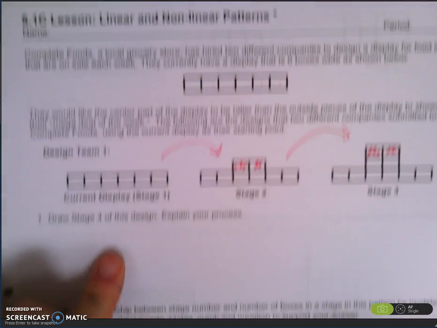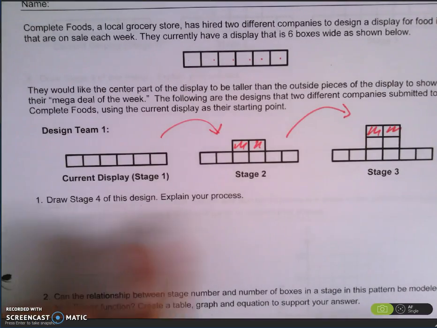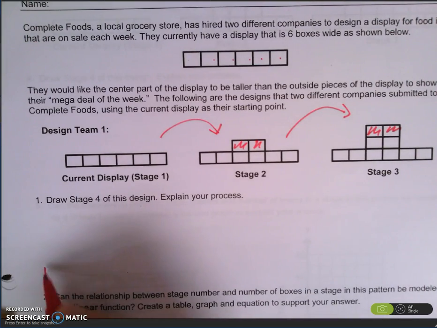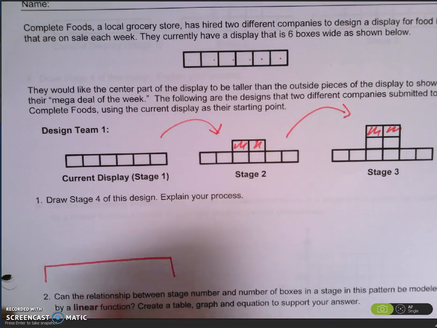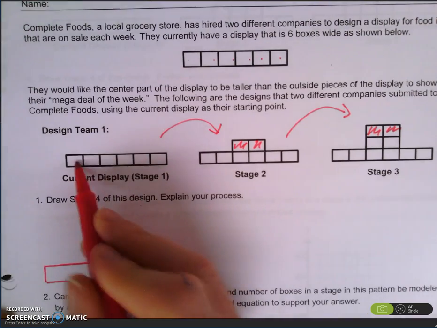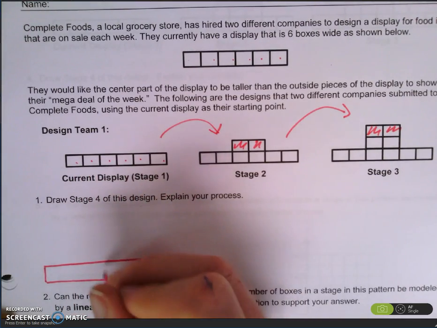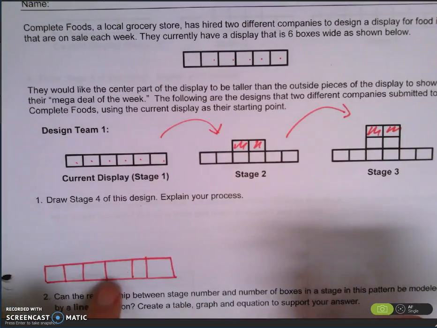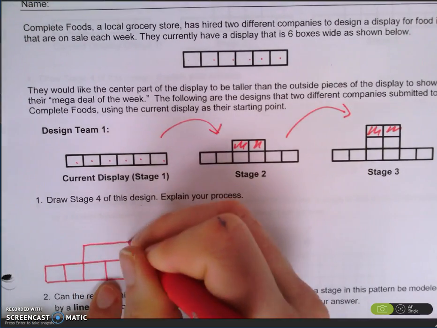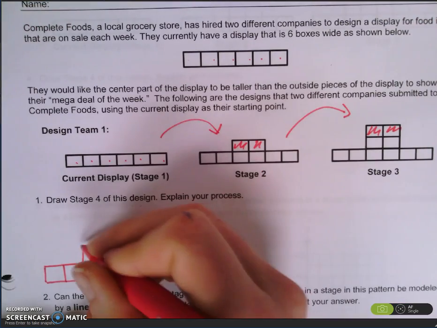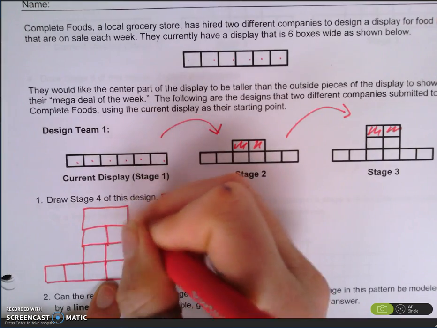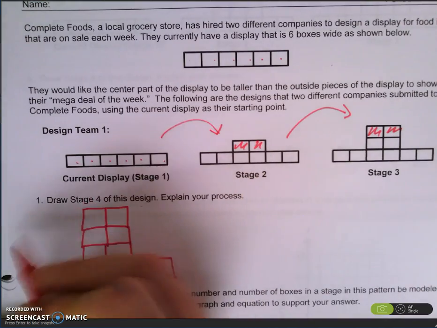Can you draw stage 4 of this design? And don't forget to explain your process. So to draw stage 4, I'm going to start with stage 1, which is 1, 2, 3, 4, 5, 6 blocks. And the center column, now I have stage 2, now I have stage 3, and finally I have stage 4.